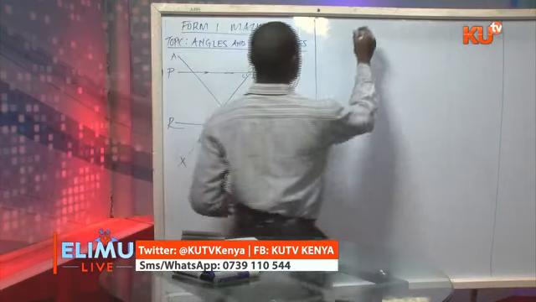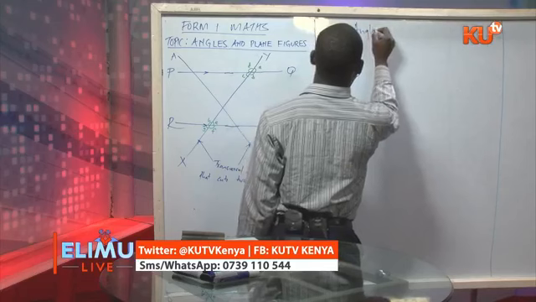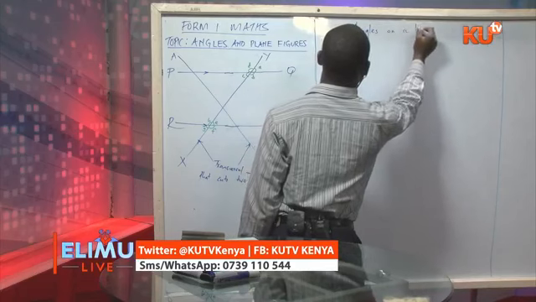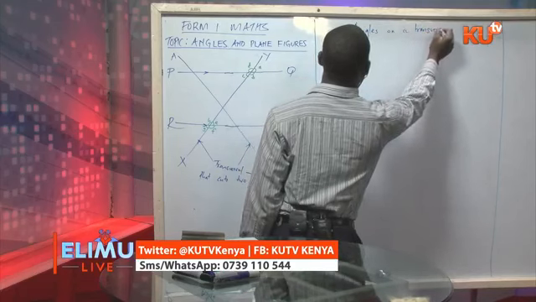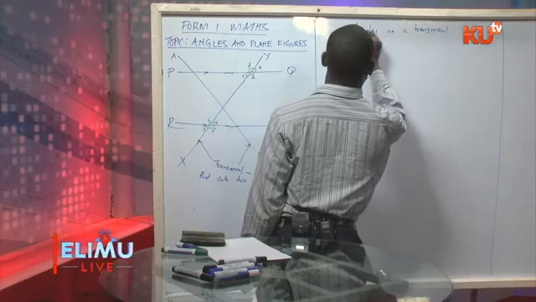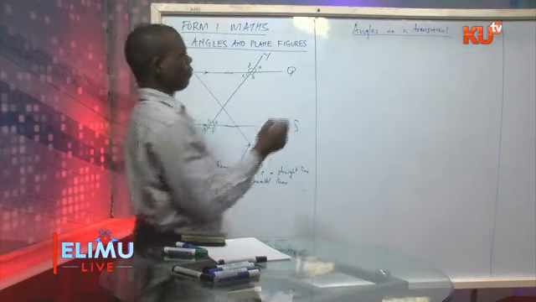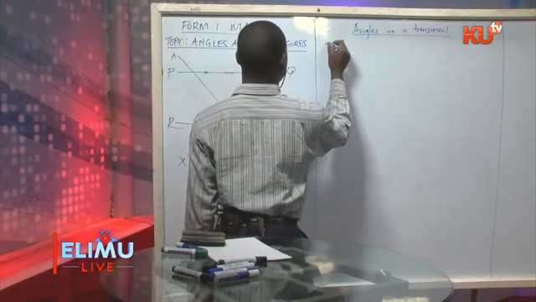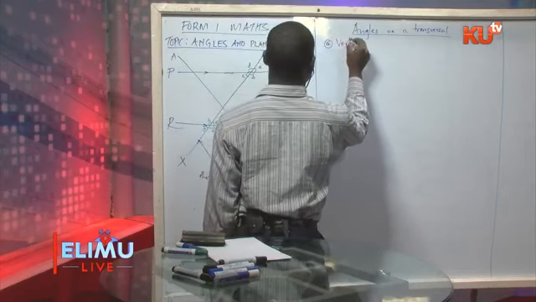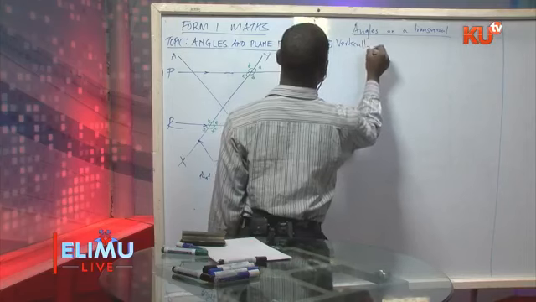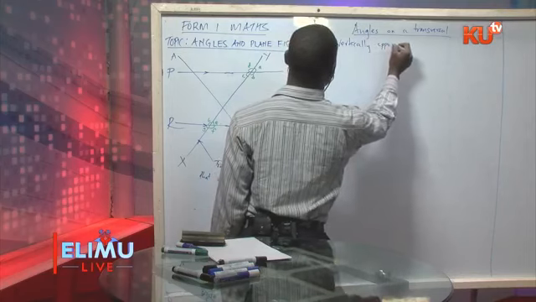So angles on a transversal are of different kinds. We look at four main types, starting with what we call vertically opposite angles.